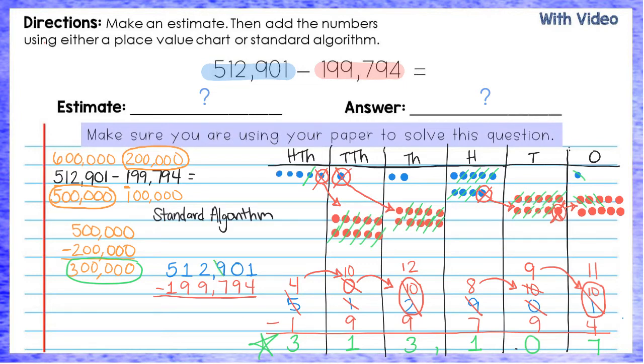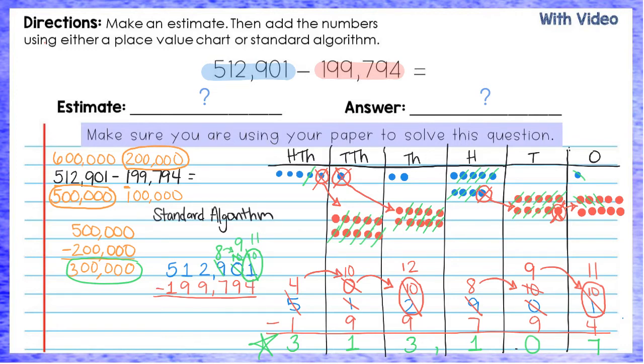We're going to use one of the hundreds, now we only have 8 hundreds, and regroup it into 10 tens. But because we have to subtract in the ones place first, we need to regroup again. We're going to use 1 ten, now we have 9 tens, and regroup 10 more ones in the ones place. Now we have 11 ones.